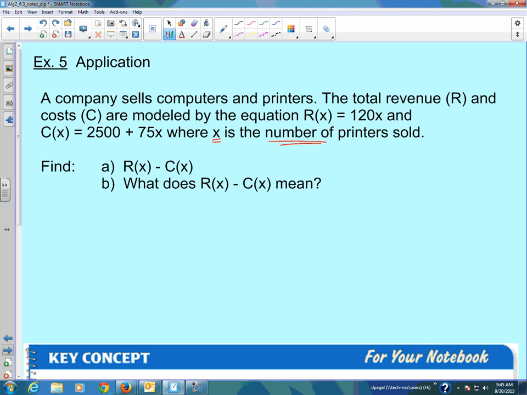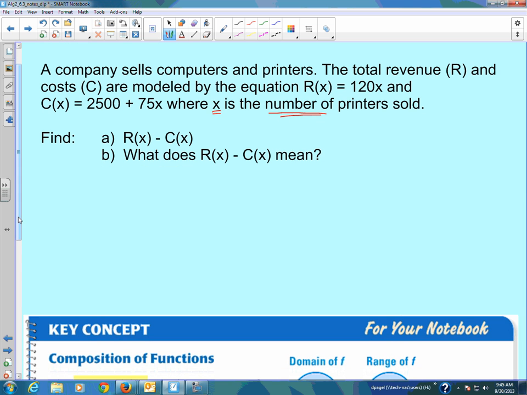Well, let's just stick with the simple part A, and then we'll talk about what this actually represents, r of x minus c of x. So if we just take our r of x minus c of x, I have 120x minus 2,500 plus 75x, and I'm going to remember that I'm subtracting, so I'm going to stick that c of x function in as parentheses.